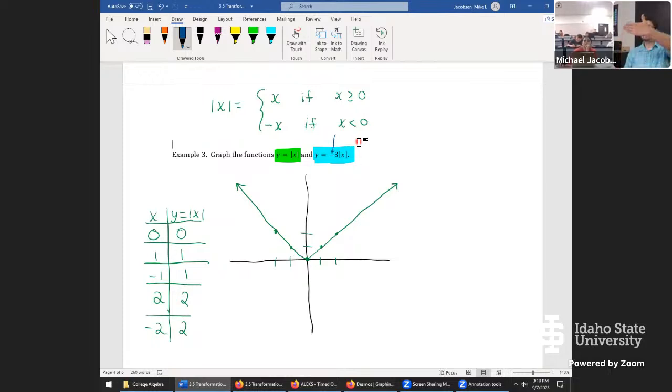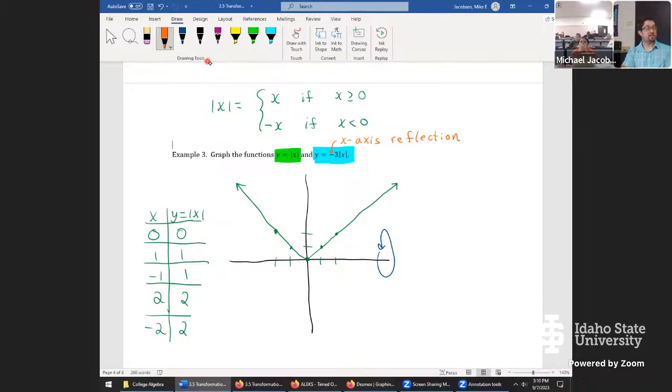And some people are indicating this way. It's reflecting across the x-axis. So the whole graph is going to kind of flip over. That's not accounting for the 3, just the negative sign. So let's put that as a note. This negative sign right here is an x-axis reflection.